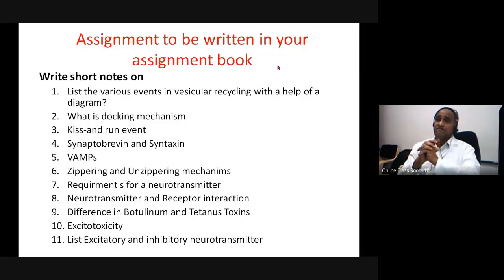Now here I read: list the various events in vesicular recycling with the help of a diagram. I have given you the diagram. Then mention what is the docking system. Then think about what is a kiss and run event, that is the exocytosis. Then write short notes on synaptobrevin and syntaxin.